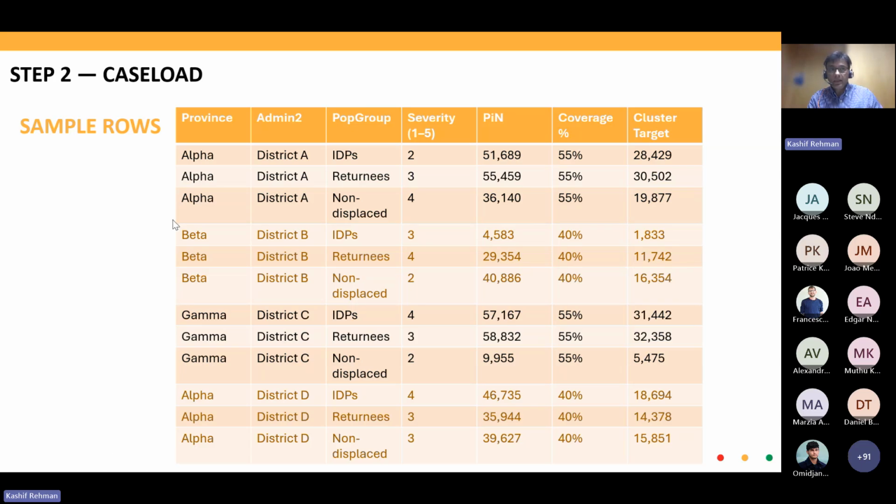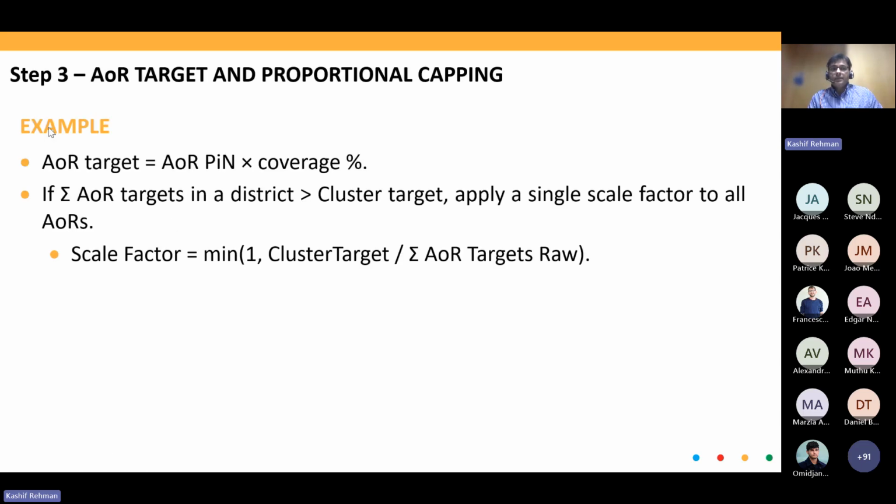In step number 3 comes the point where you now have to calculate the AOR targets. If you remember from the very first slide, we said that we first calculate the overall protection cluster figure, and then the AOR targeting would come into play. For AOR targeting, we are also proposing the same process: looking at the 5 filters, and eventually deciding on how much coverage you would be looking at for a given location, for a given AOR.